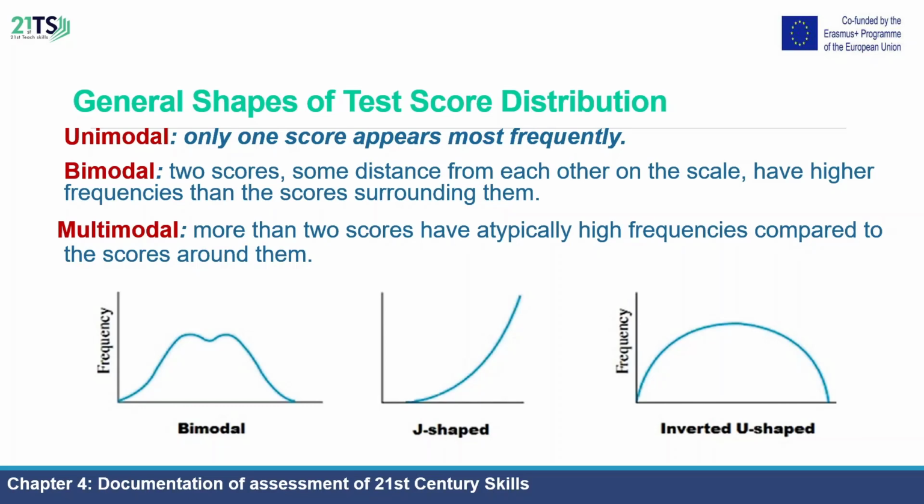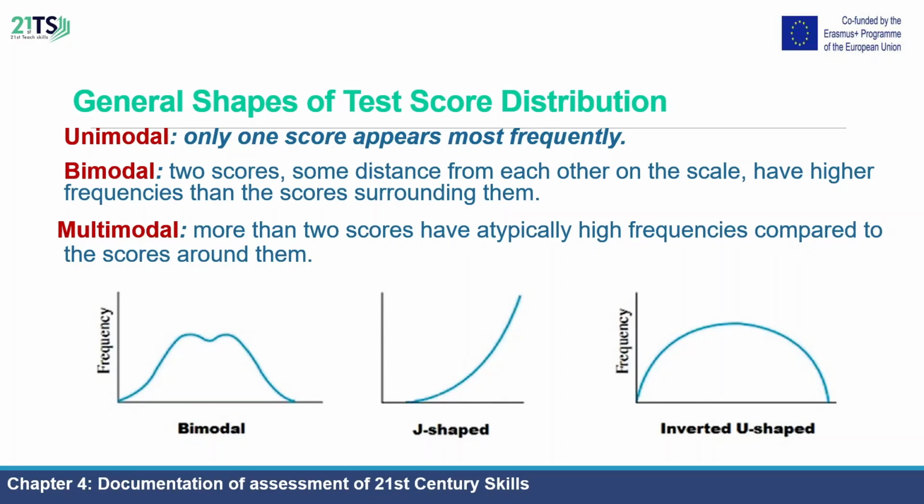Unimodal means only one score appears most frequently. Bimodal means that two scores, some distance from each other on the scale, have higher frequencies than the scores surrounding them.